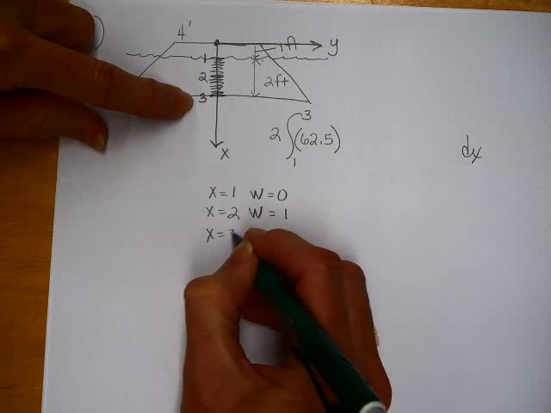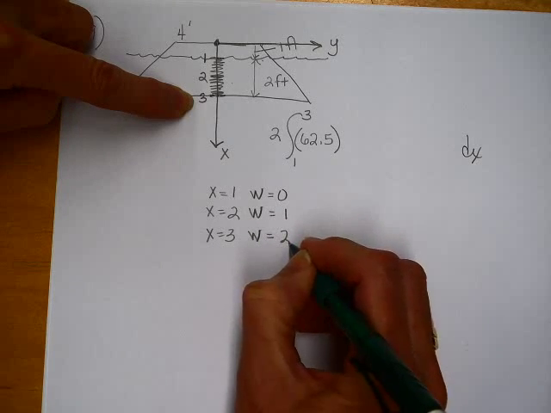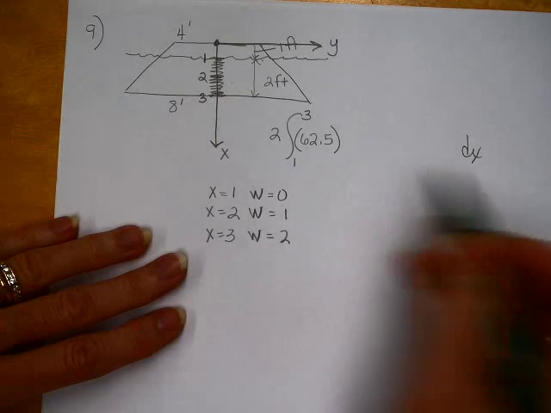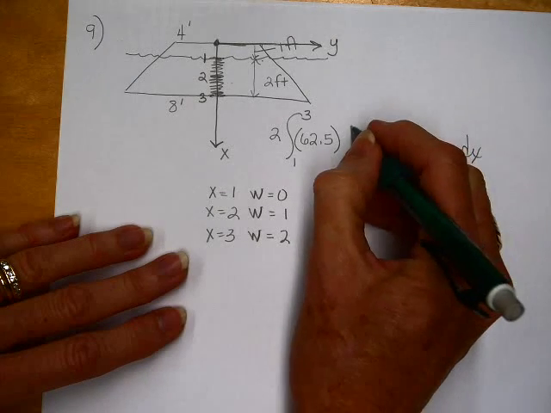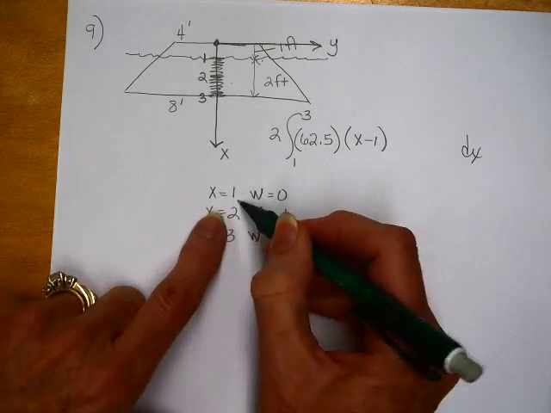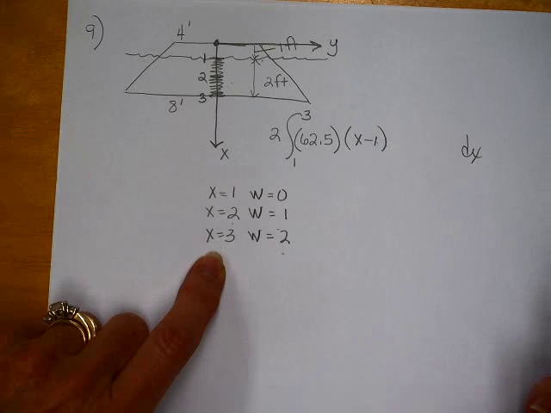When x is 3, how much water is above it there? 2. What is an expression that I can use to get the depth of the water no matter what x is? Yeah, x minus 1. 1 minus 1 is 0, 2 minus 1 is 1, and 3 minus 1 gives me 2. So x minus 1.